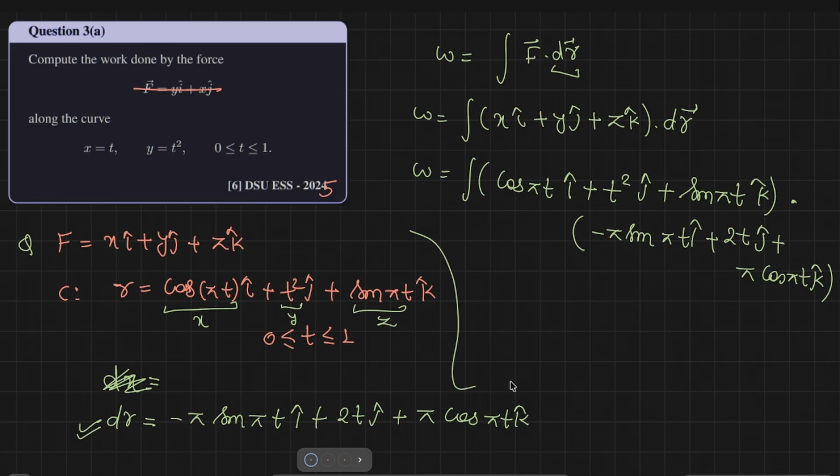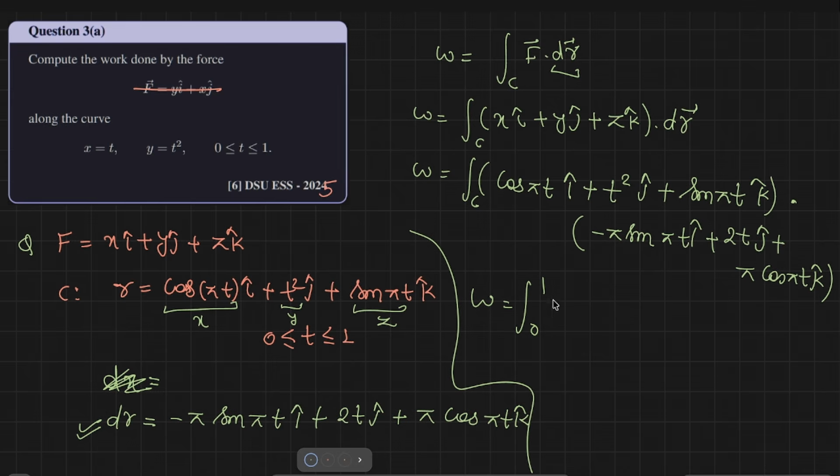When you solve this, you will get W is equal to the integral from 0 to 1. It was along curve C, converted to t, so put the limit from 0 to 1. When you multiply these, this thing and this thing will be 0.